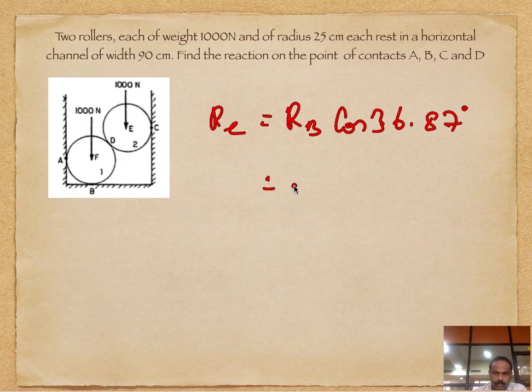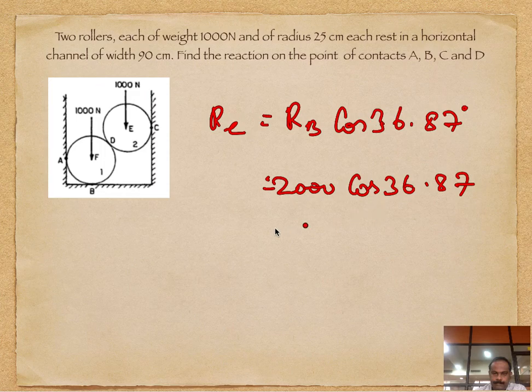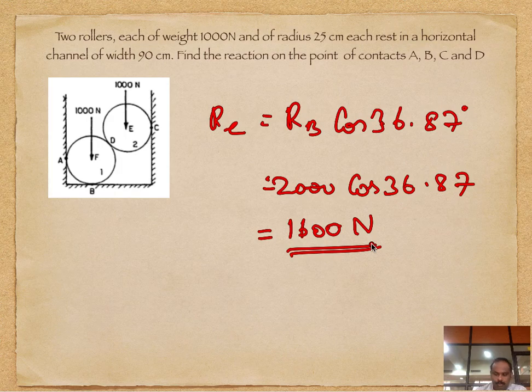We know RB is 2000. So 2000 into cos 36.87, which is 1600 Newton. So this is how we do it. RA is equal to 1333.3.